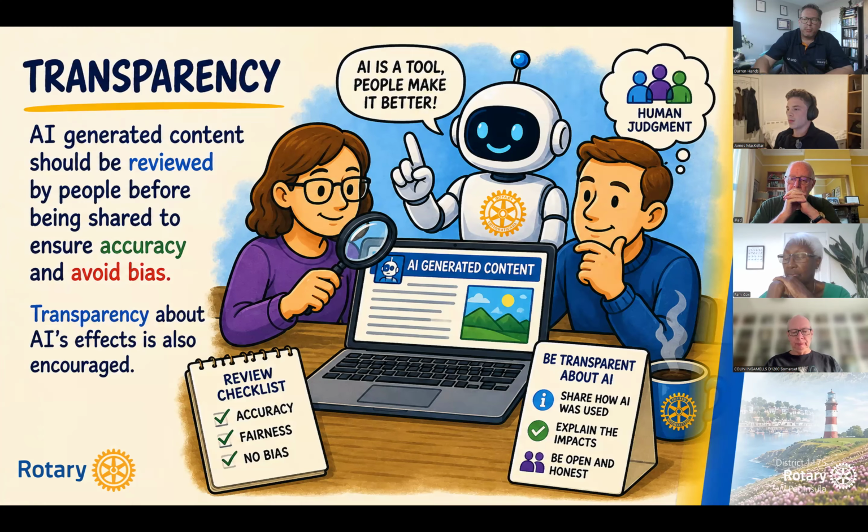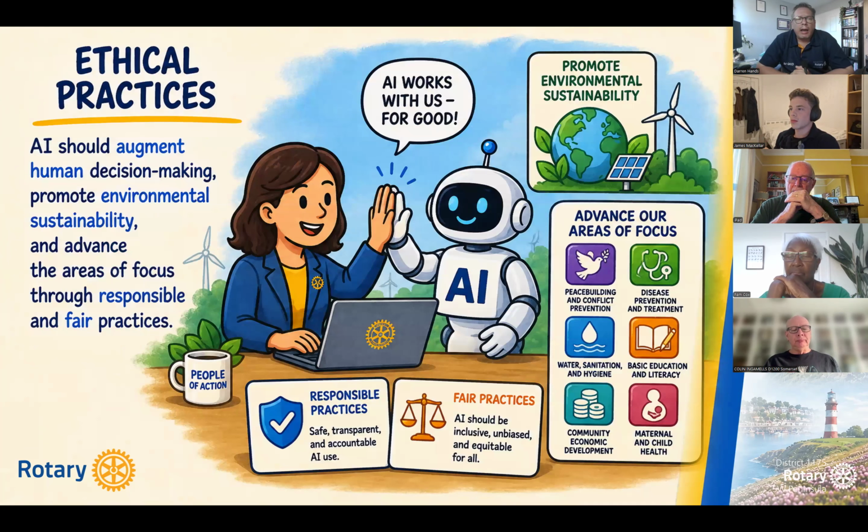Also be transparent about where you've used AI. And again, it mentions AI should augment human decision making and promote environmental sustainability and advance the areas of Rotary's focus through responsible and fair practices.